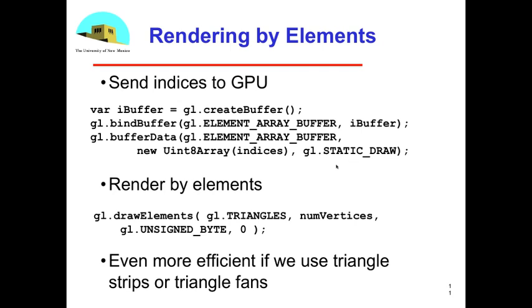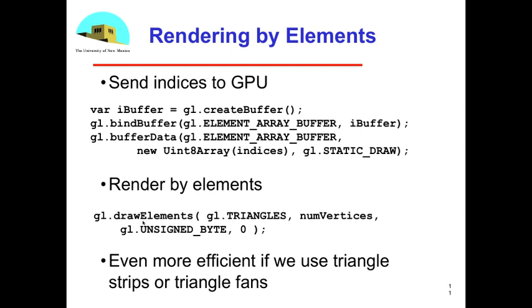Now, the only other change I have to make: I'm still going to send the vertices and the colors over exactly as I did before as array buffers, but the render is different. To render now, I'm going to render the triangles. I'm going to give it the number of vertices, the 36, and unsigned byte, because that's the form that I've put these indices in.